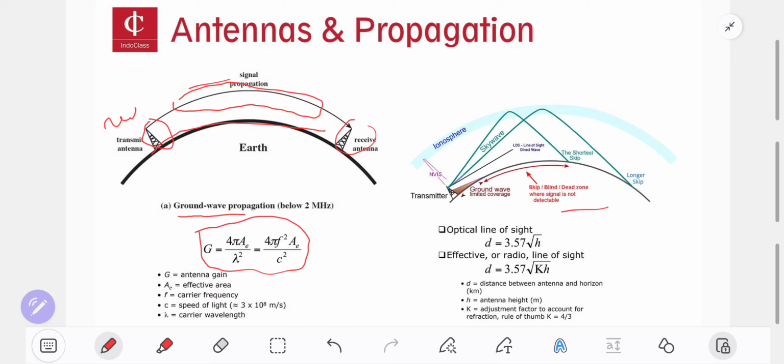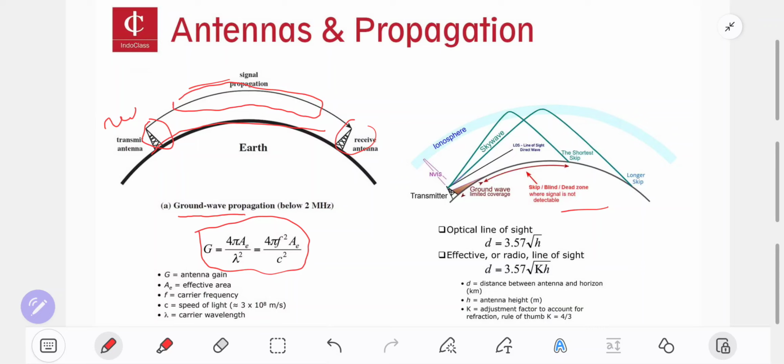Okay, I repeat again. The antenna gain means the power of the antenna to collect radiation energy in one direction. For example, an isotropic antenna, ideal, or a dipole antenna.